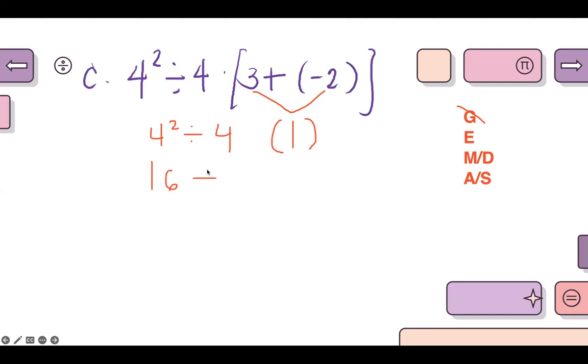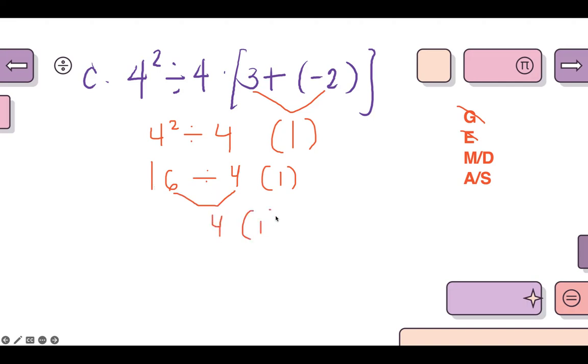Okay, let us now rewrite the remaining numbers and operation. We're done with the exponent. Next is the multiplication or division. Since in this case, division comes first, so 16 divided by 4 times 1, we need to simplify division first. 16 divided by 4 is 4.